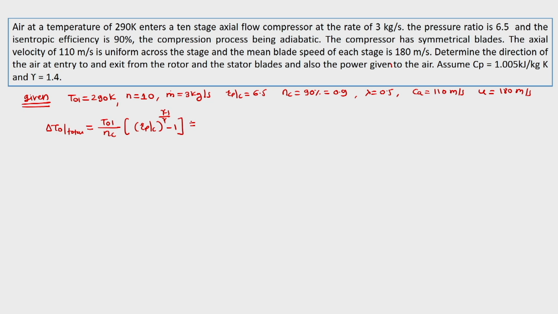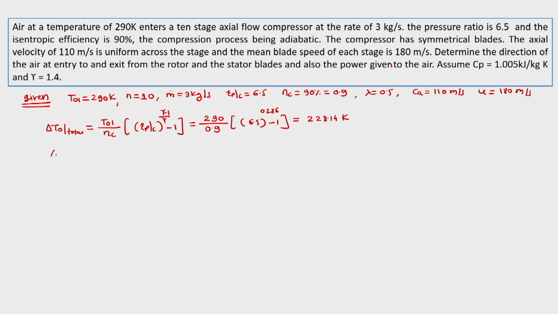So we can know the overall total temperature rise as 290 divided by 0.9, which is compressor efficiency, into 6.5 bracket raised to 0.286 minus 1, and this gives us total temperature change in the complete compressor as 228.14 Kelvin.